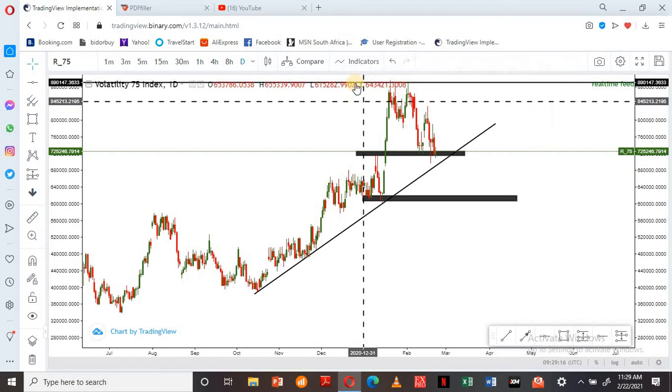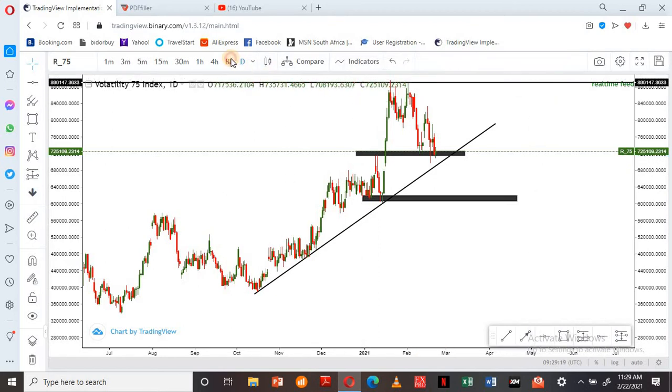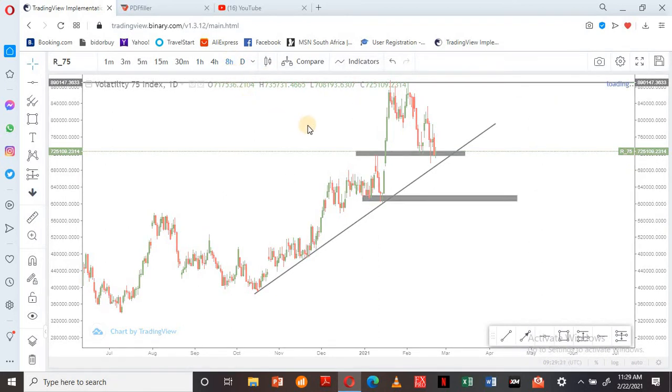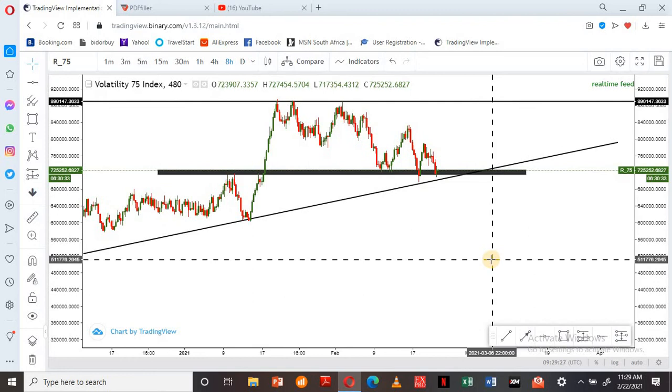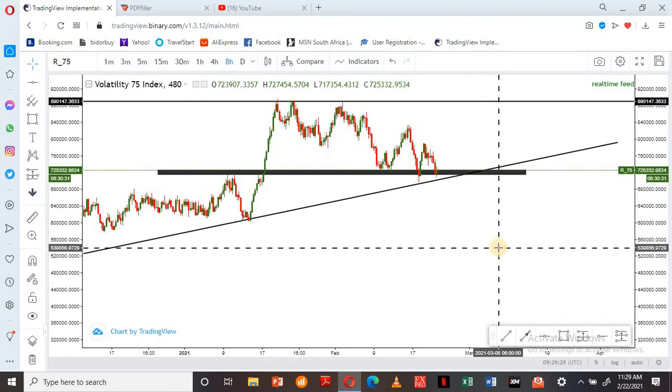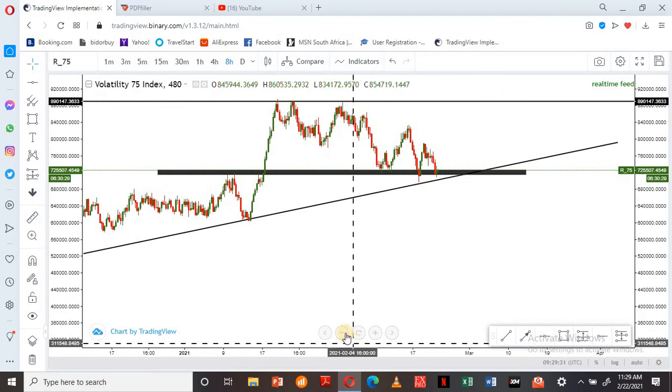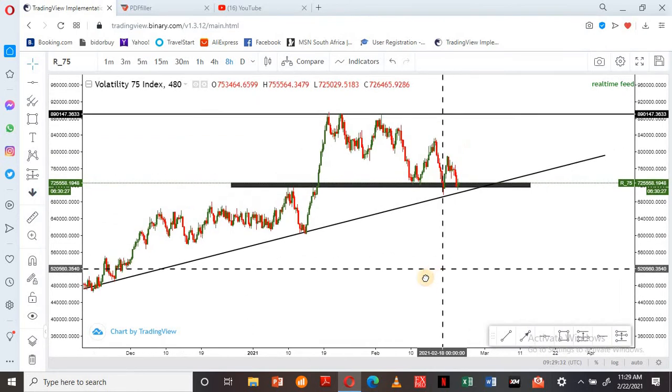So we are going to the 8-hour chart now. Let's see what we got here. Nice and clean. On the 8-hour chart, we are looking at a triple top.